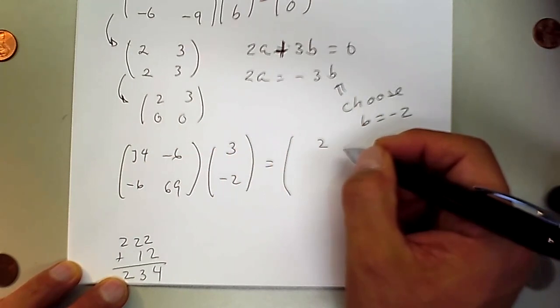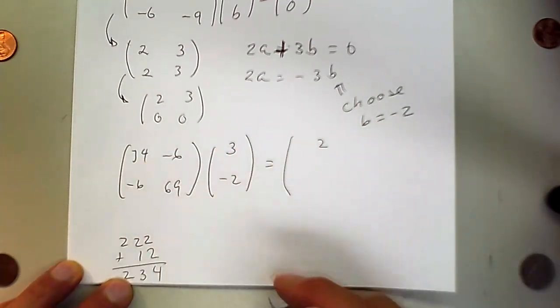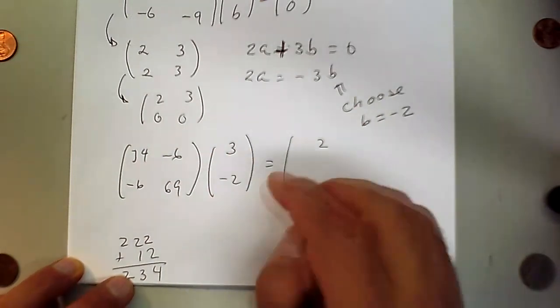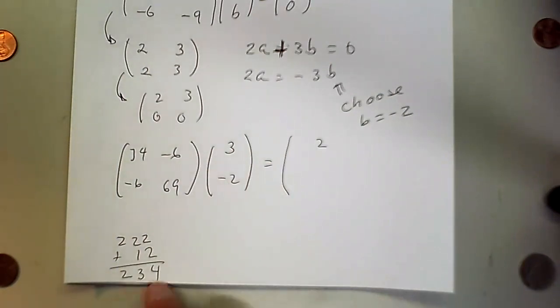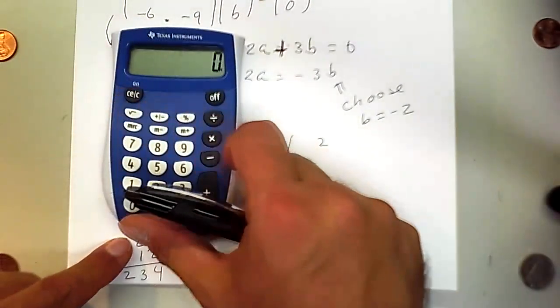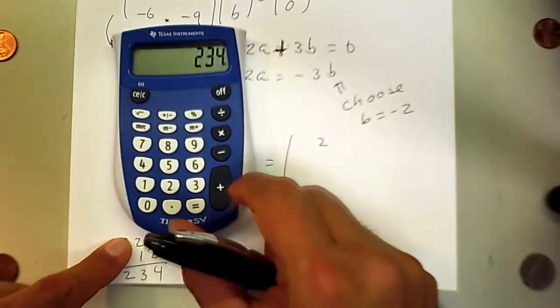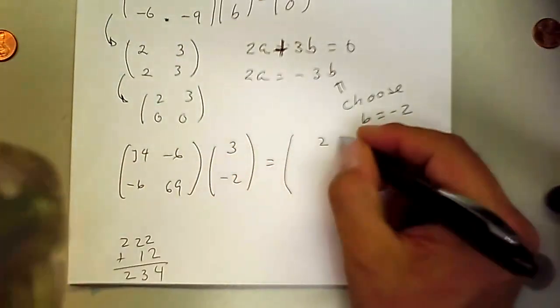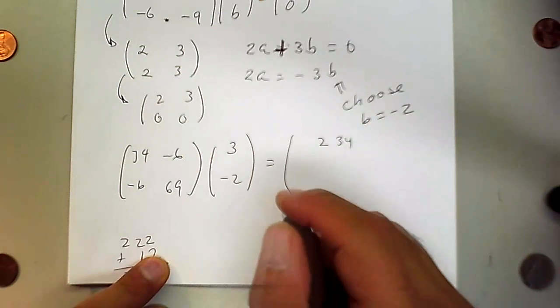Wait a minute, no, the eigenvector is 78. I'm confusing the 74 with the 78. So what is 78 times 3? Is it 234? Let's see. 3 times 78 equals, oh yeah, 234, which is 3 times 78.